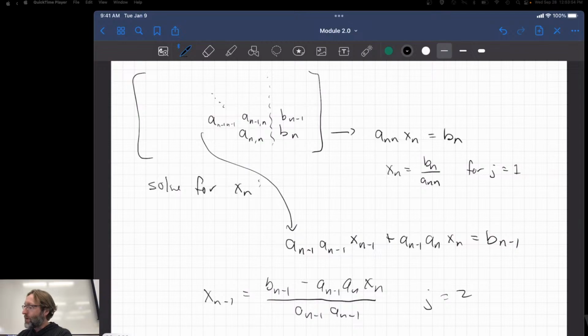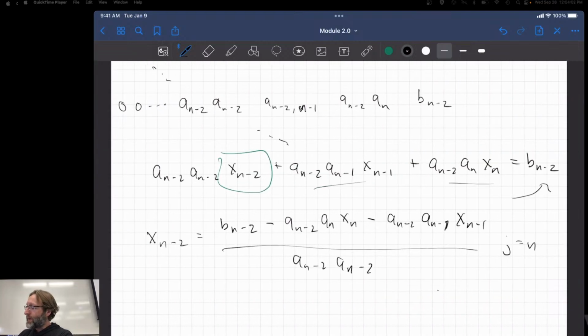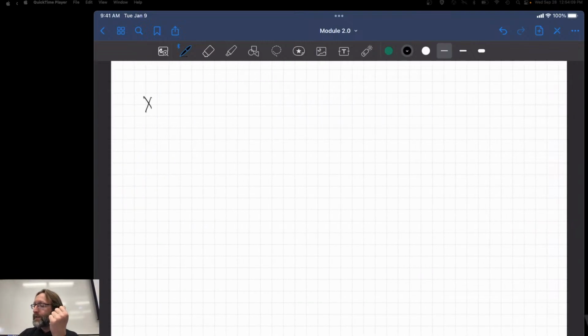Actually, sorry, we're going backwards, aren't we? This is for j equals n, this is for j equals n minus 1, and this is for j equals n minus 2. So now generalize this. If I want to solve for x of, let's see, what do I want? x of i.